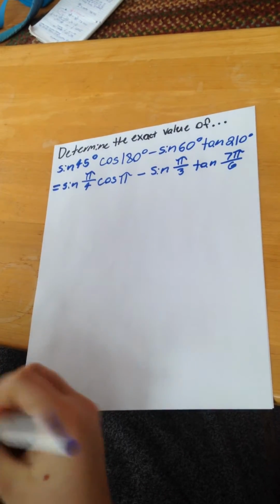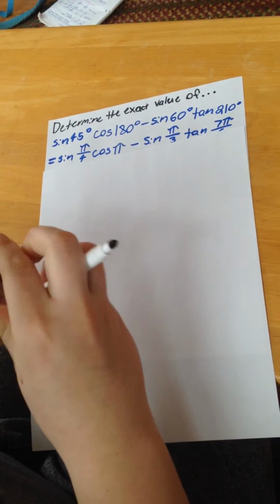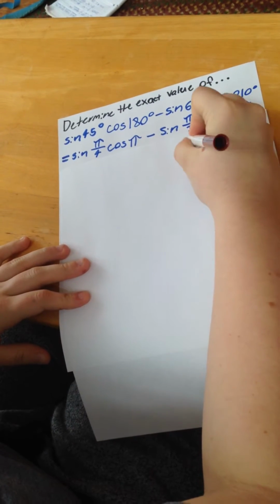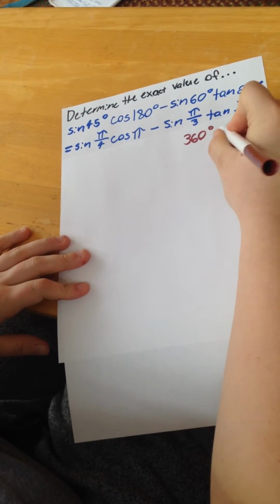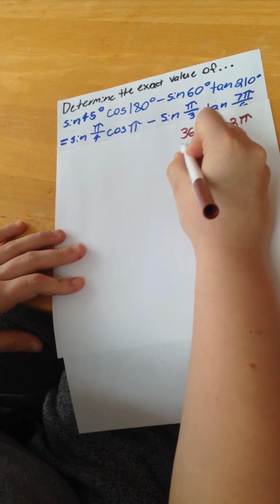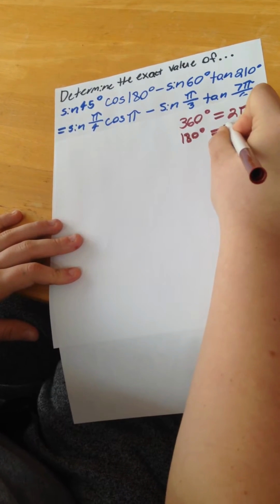And just to show you how I got those values, I'll do some side work. So to convert degrees into radians, what we have to remember is 360 degrees equals 2 pi, and 180 degrees equals pi.